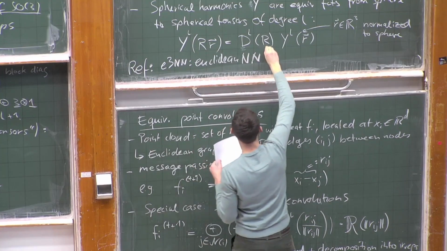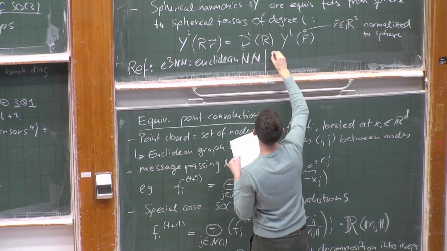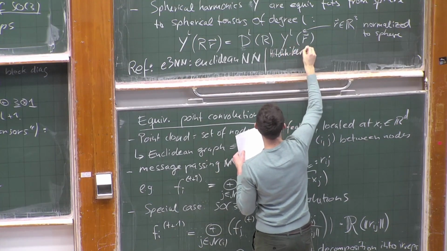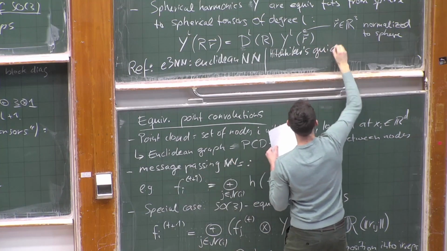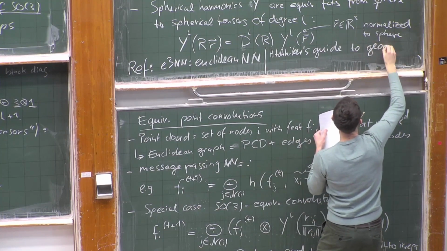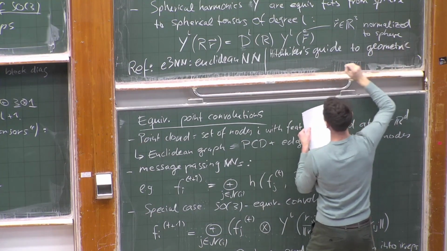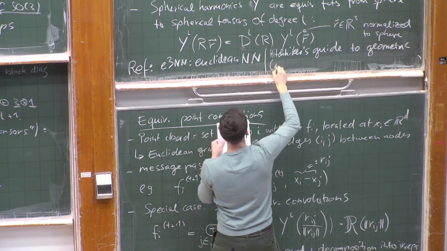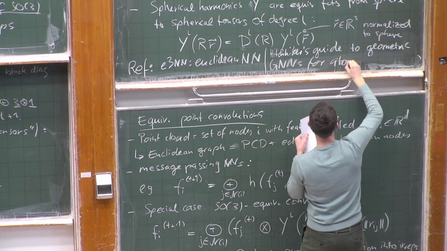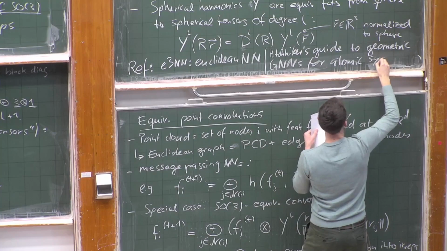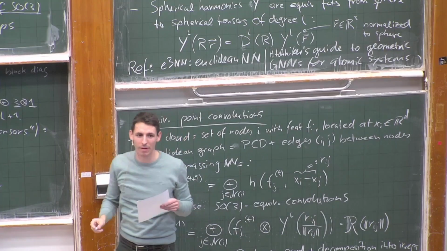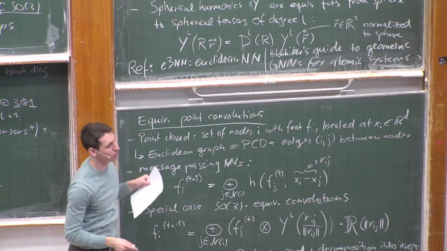And the other one is called A Hitchhiker's Guide to Geometric GNNs for atomic systems. These are 2 papers which you can find on the web and which give a good introduction to the topic.